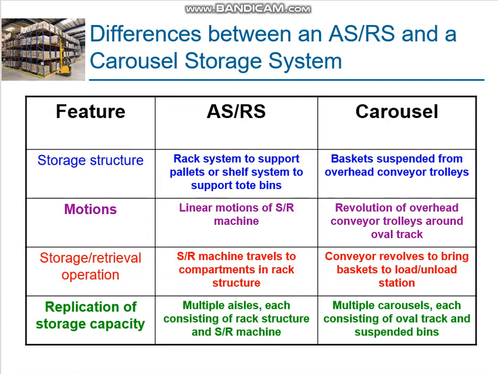These are some of the feature differences between ASRS and a carousel system in terms of storage. ASRS requires the rack system to support pallets or shelf bins. However, for carousel system, the baskets are suspended from overhead conveyor trolleys.